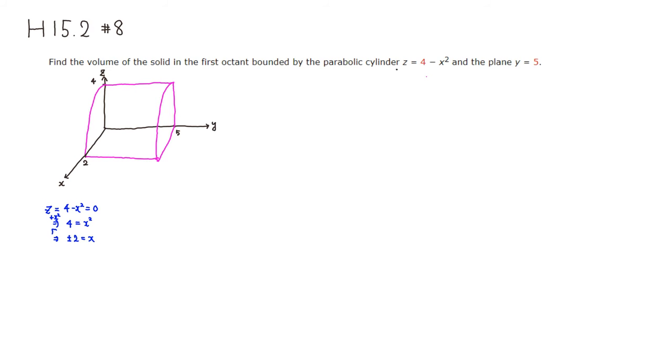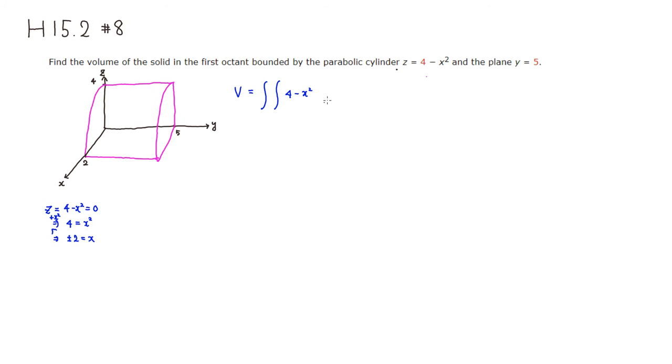Let's set up the double integral. The volume of this is equal to a double integral. The surface is 4 minus x squared.